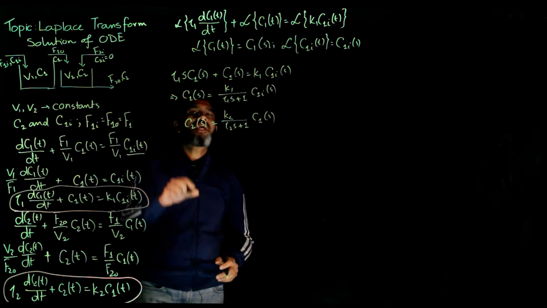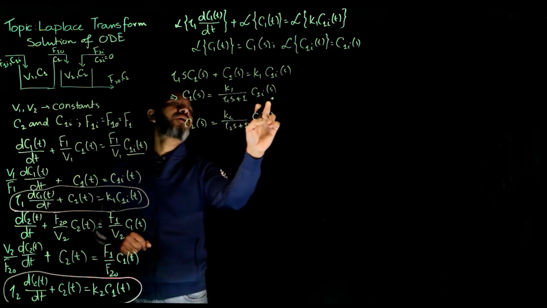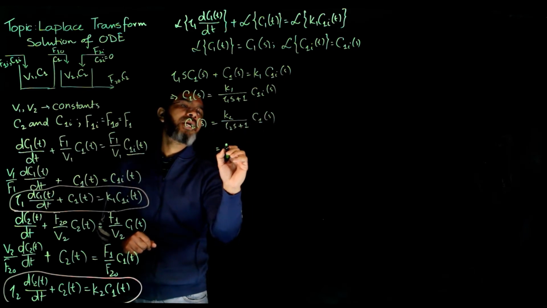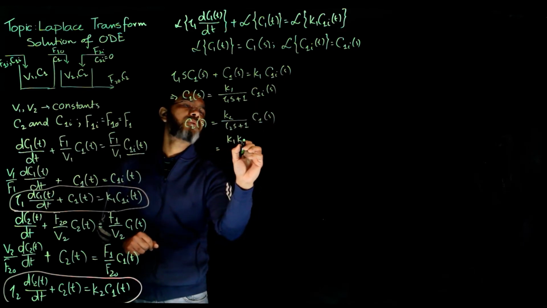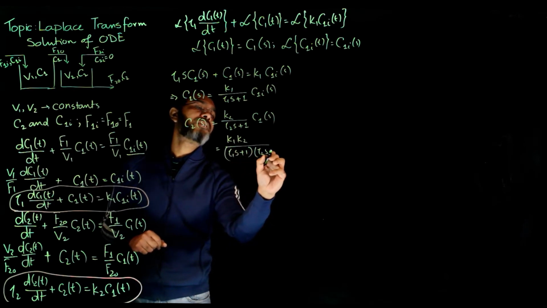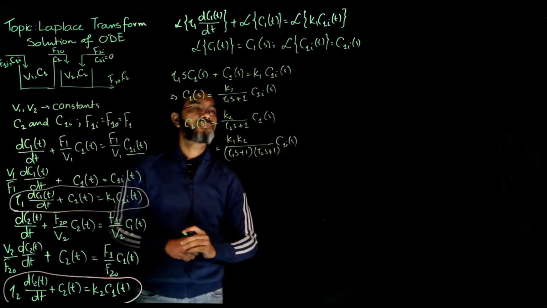Now if we replace C1(s) by K1 over (tau 1 s plus 1) C1I(s), we end up getting K1 K2 over (tau 1 s plus 1)(tau 2 s plus 1) times C1I(s).